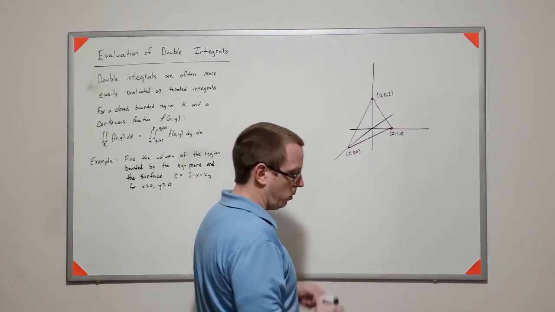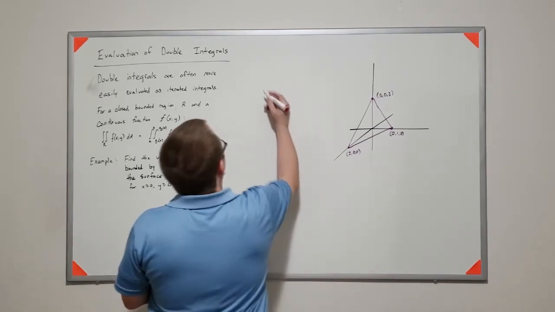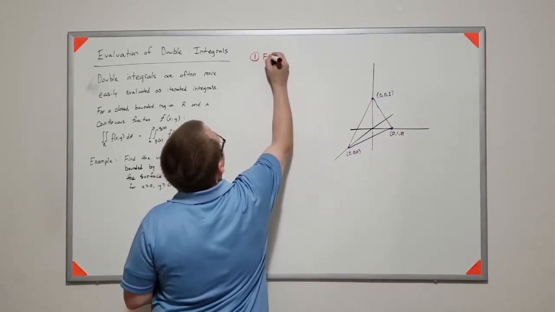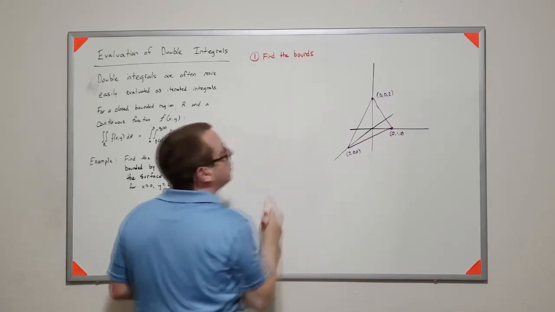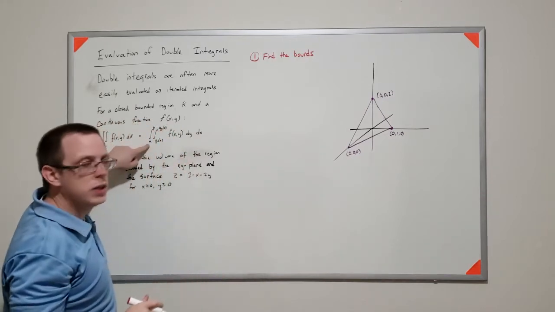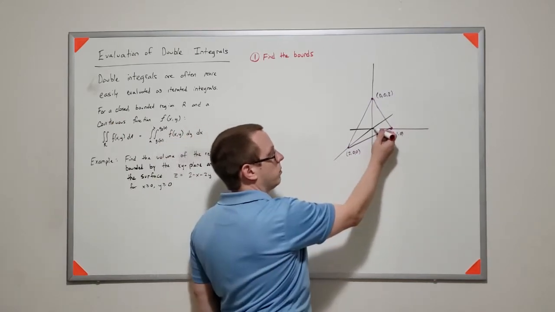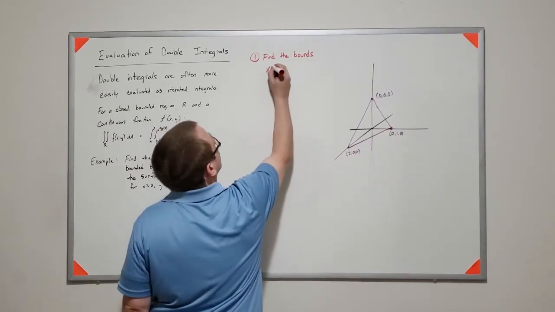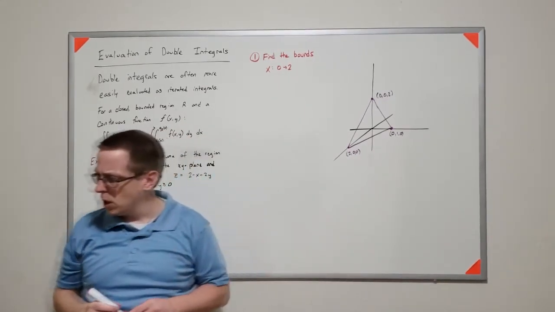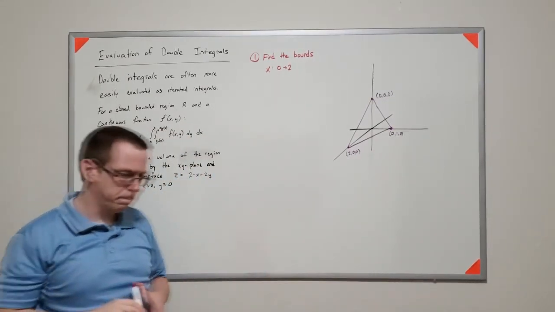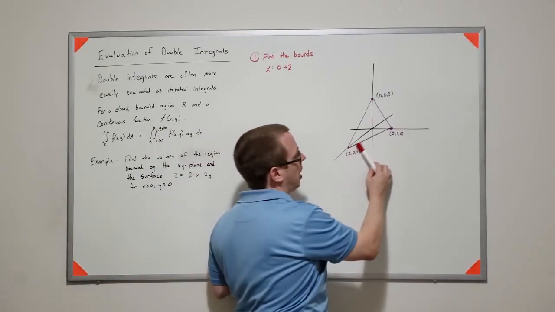If we look at it this way, we need to find what x goes from. Well, x looks like from 0 to 2. But what do we do about y? Well, if you look at y, you see that we have a line here.